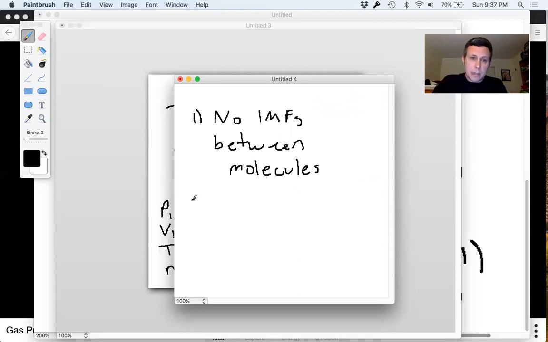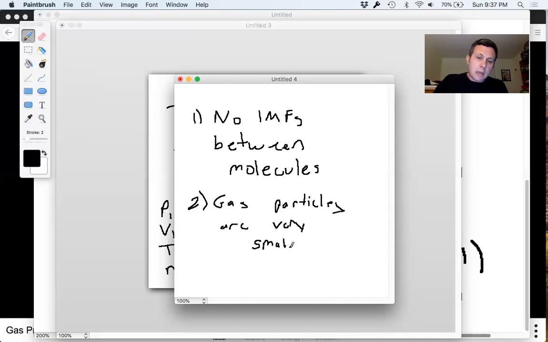So that's one condition. The other condition is that the gas particles themselves are considered to be very small in comparison to the size of the container. In other words, they're not bumping into each other because they're just really big gas particles. Like if you're in a crowded room, you might have trouble getting through the room because you take up space and so you're pushing through.